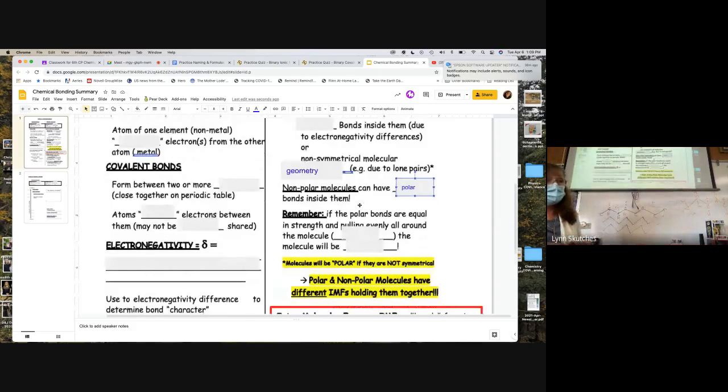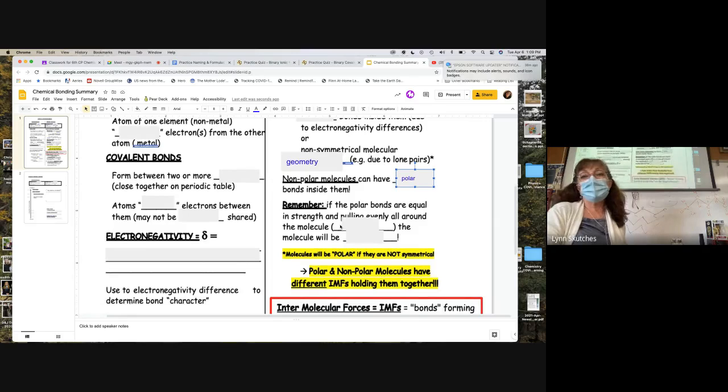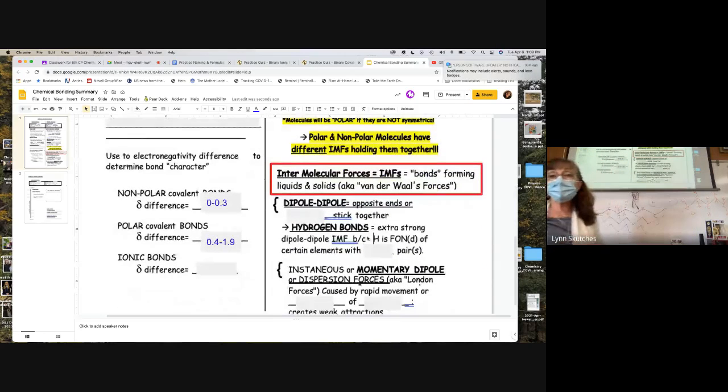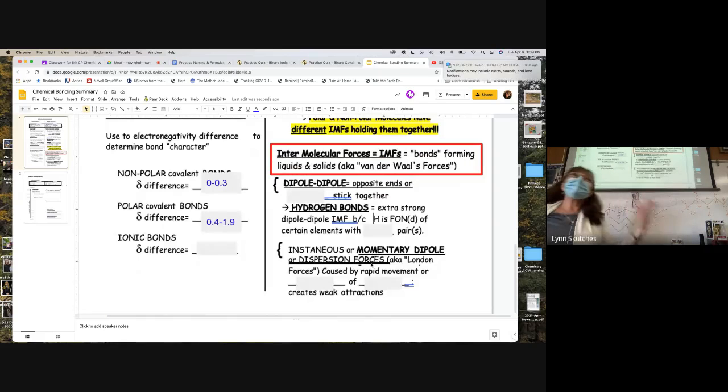Nonpolar molecules can have polar bonds if their geometry is correct, equal tugs in all directions. Then the molecule will be nonpolar. And then the forces that we're going to investigate in our lab are these dipole-dipole forces. The strongest one is hydrogen bonding. And then the instantaneous, momentary, temporary dipoles caused by dispersion, movement of electrons.